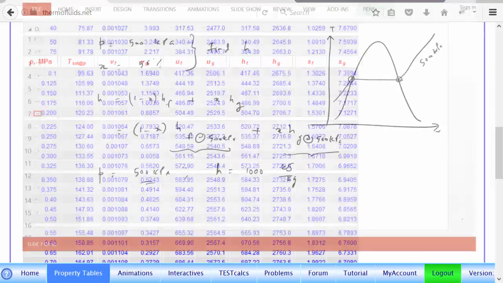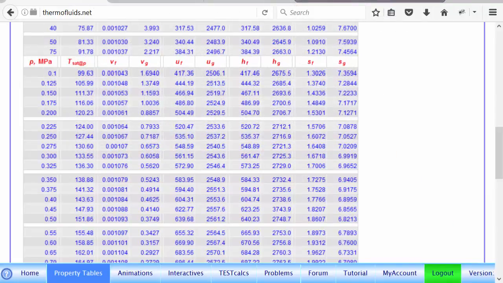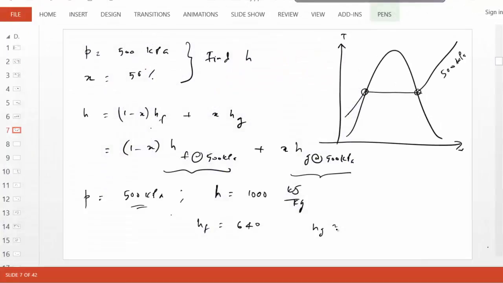I'm approximately writing. Exact numbers are not important. So that means I have an enthalpy that is bracketed by f and g, so my state must be somewhere here.